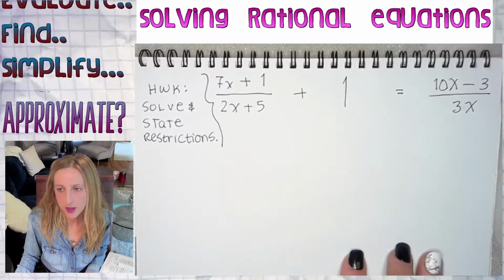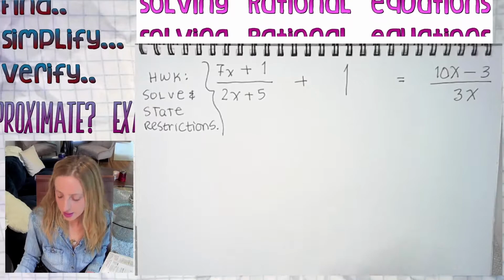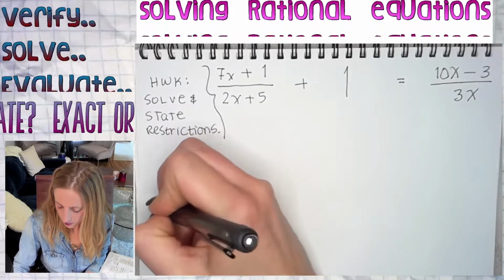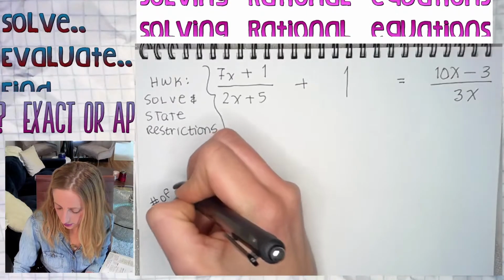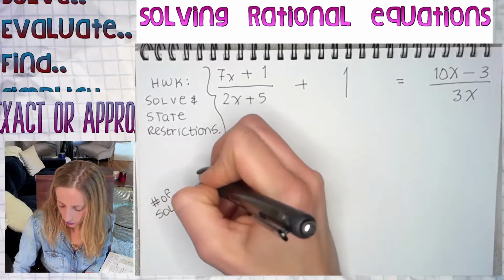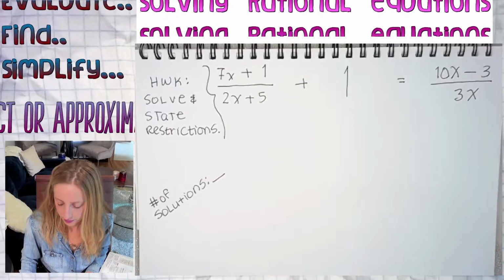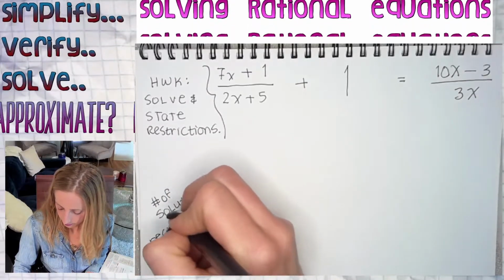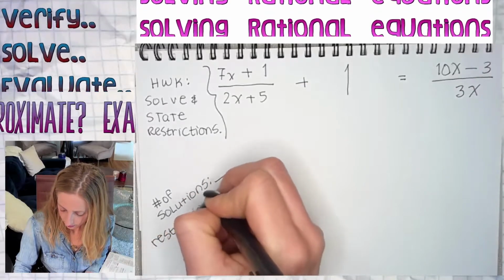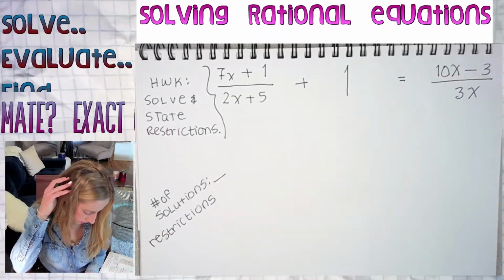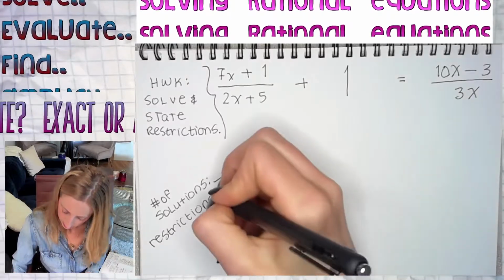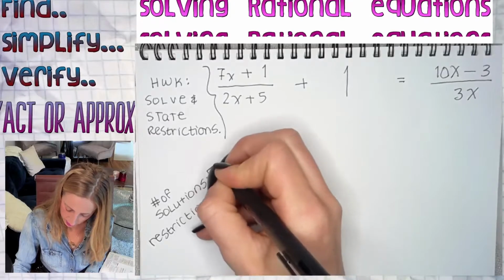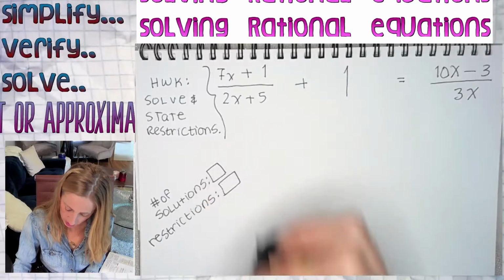Here's the problem. And do you want a clue about how many answers there are after all is said and done? Or do you want it to be a mystery? What do you think? There's going to be a certain number of solutions, certain number of restrictions.